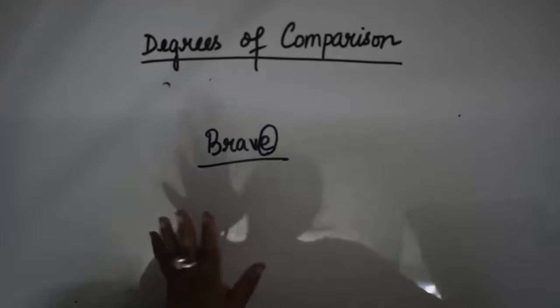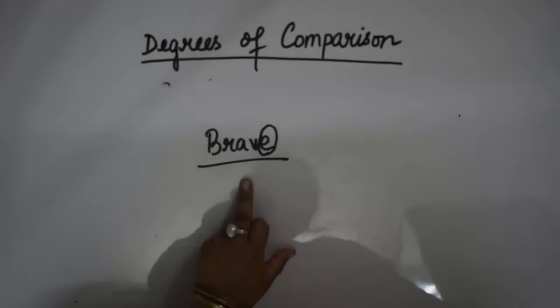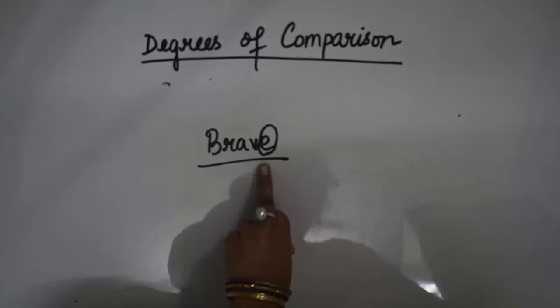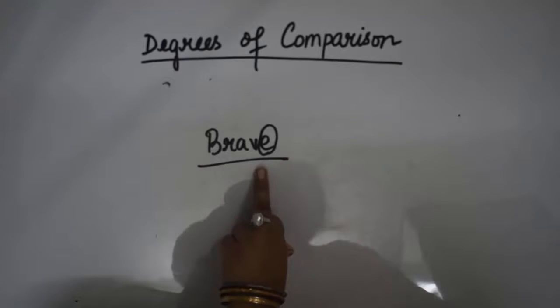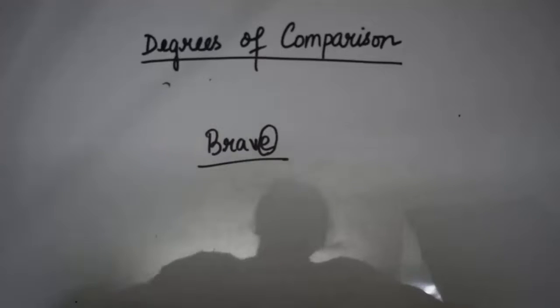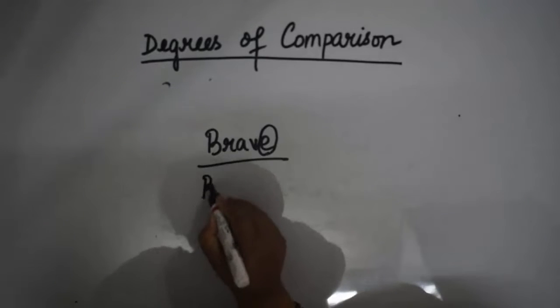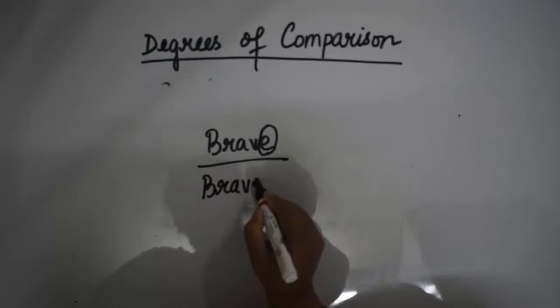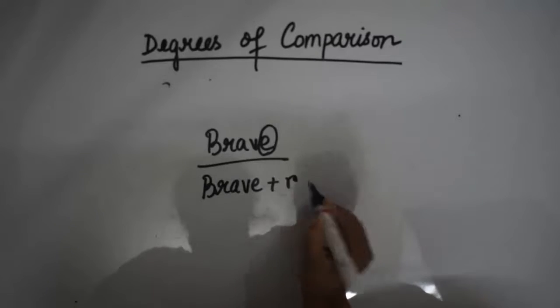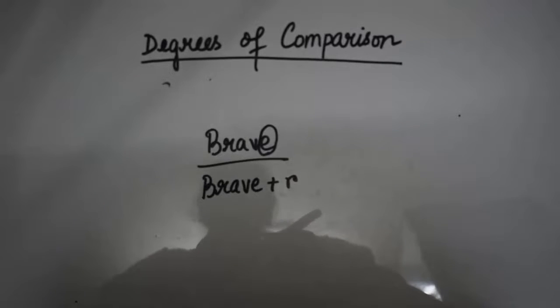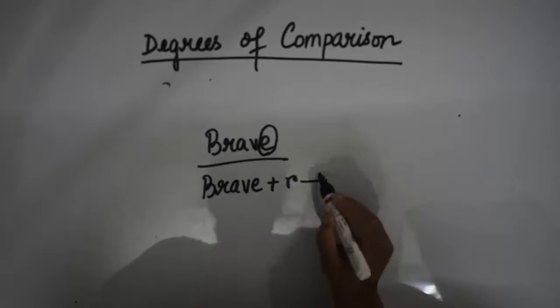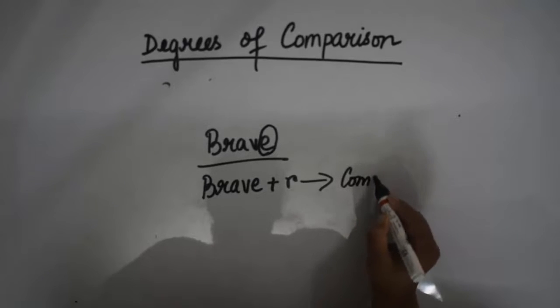It says that when the positive ends in E, what you have to do is you simply have to add an R to make it a comparative.